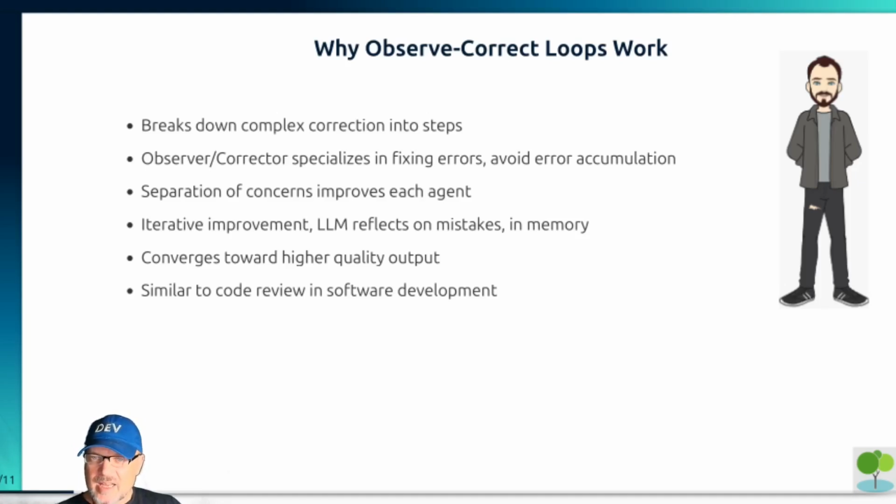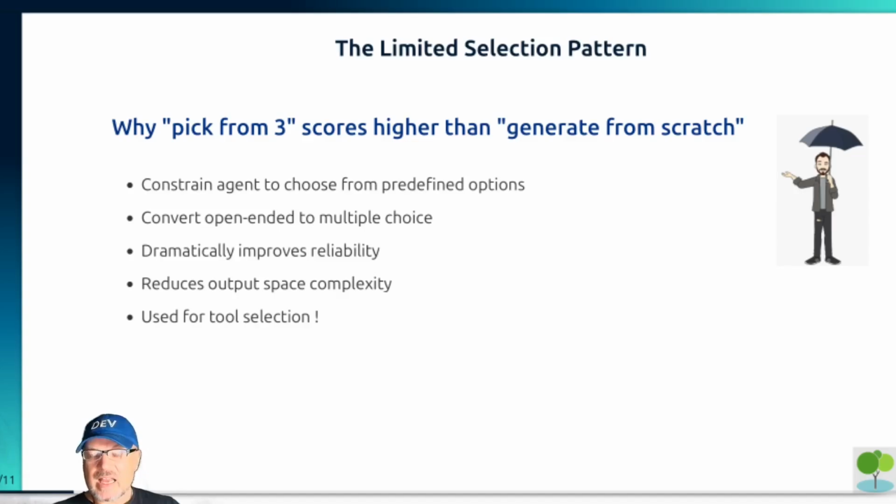The LLM can reflect on its own mistakes because it has the conversation in memory, and it has iterative improvement and converges to a higher quality output. This is quite similar to code review in software development. One developer produces code, and then another one reviews it to increase the quality and correctness of the code.